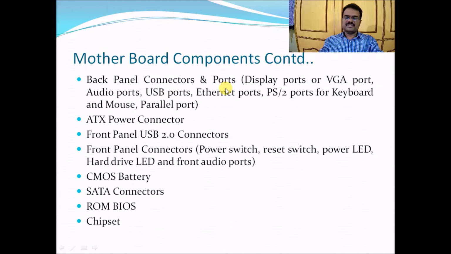Other components are back panel connectors and ports. These include display ports like the VGA port, audio port, USB ports, Ethernet ports, PS2 ports for keyboard and mouse, and parallel port, ATX power connector, front panel USB 2.0 connectors, front panel connectors, power switch, reset switch, power LED, audio LED and front audio ports, CMOS battery, SATA connectors, ROM BIOS and chipset.